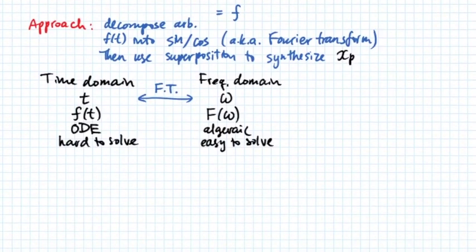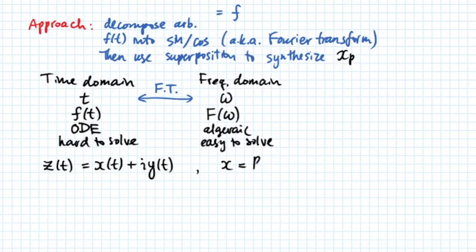Let's write our equation of motion in complex form. We can write complex variable z as given by a sum of real part x of t and imaginary part y of t. Of course, we understand our solution to be just the real part of z.